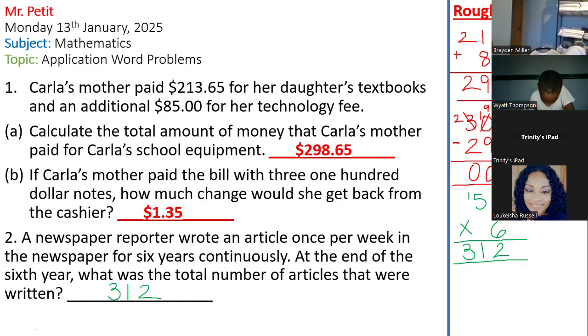I need y'all to take a picture of your work and send it to me via WhatsApp. I sent my work. Very good.